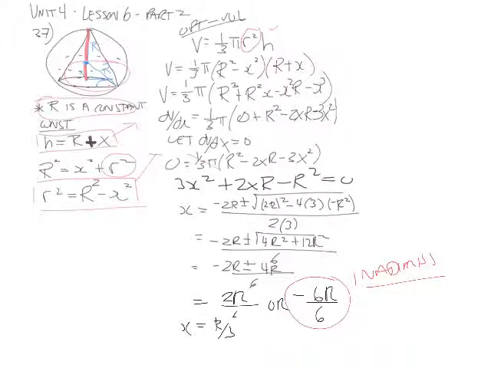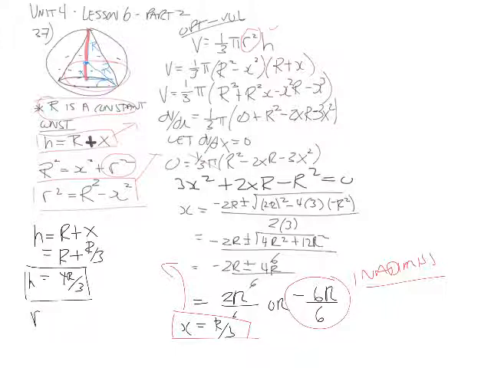Now we're just substituting back in to find the missing values. Coming back up here, h equals R plus x. So that's R plus R over 3, which means the height is equal to 4R over 3.